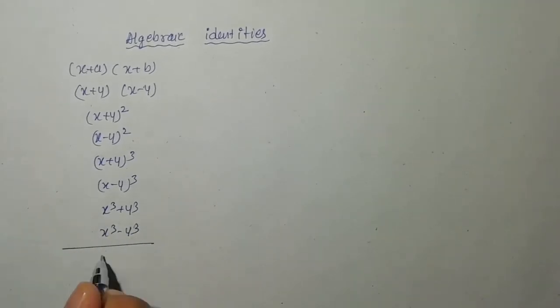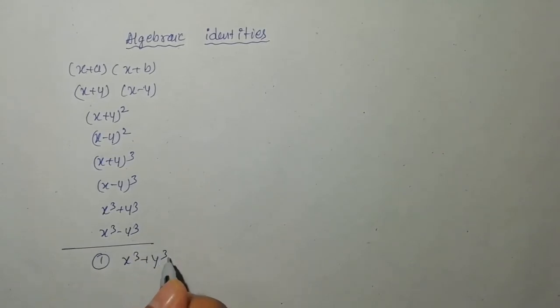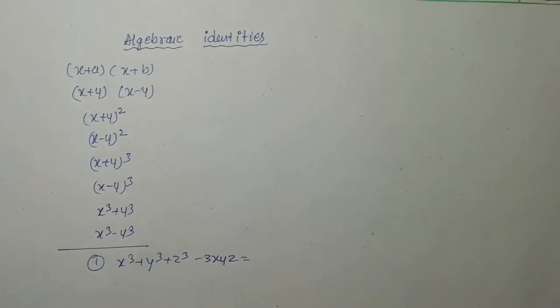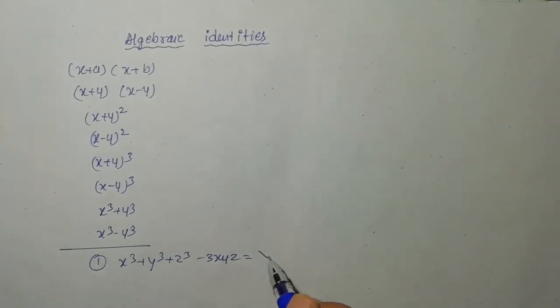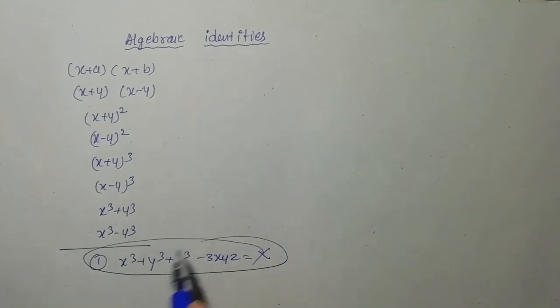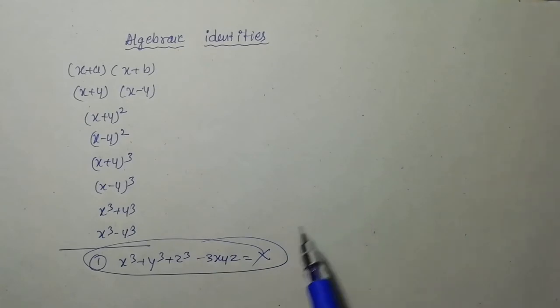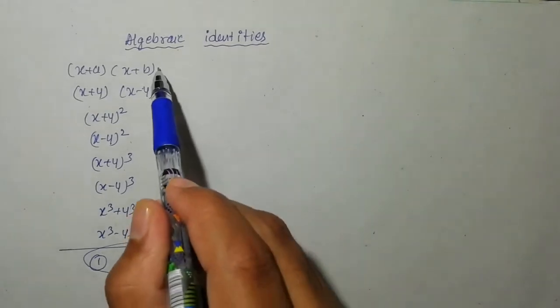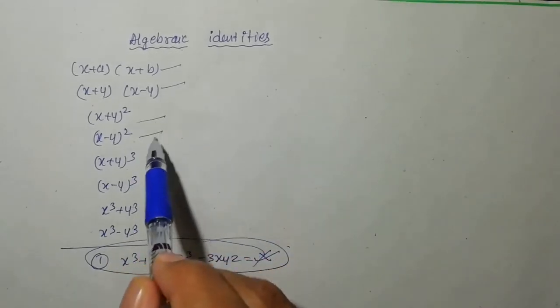One more, x cube plus y cube plus z cube minus 3xyz, is also an identity, but problems are not asked based on this identity. If you want you can look at it, but the question will not be asked based on it. You just need to learn all these identities.